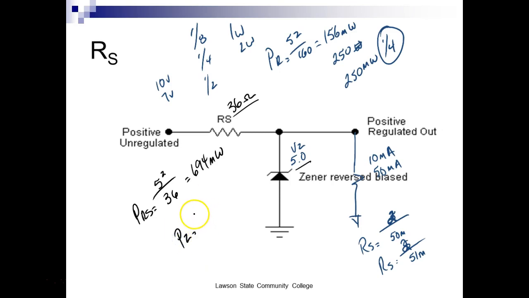And so here we're going to use V times I. We're going to use the voltage on the Zener times the maximum current that would ever flow through the Zener.